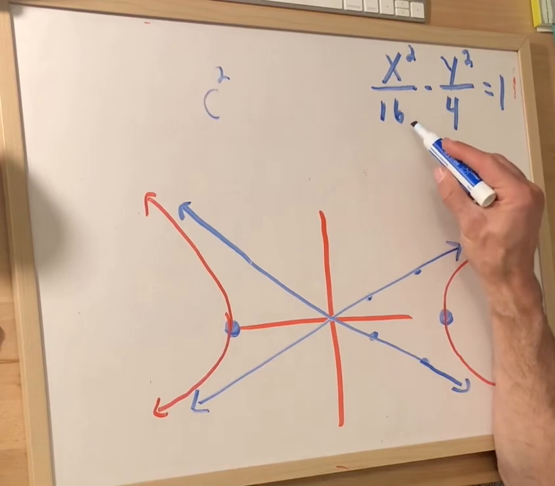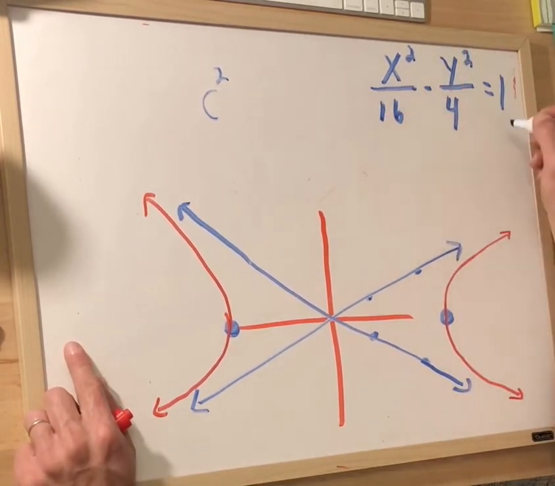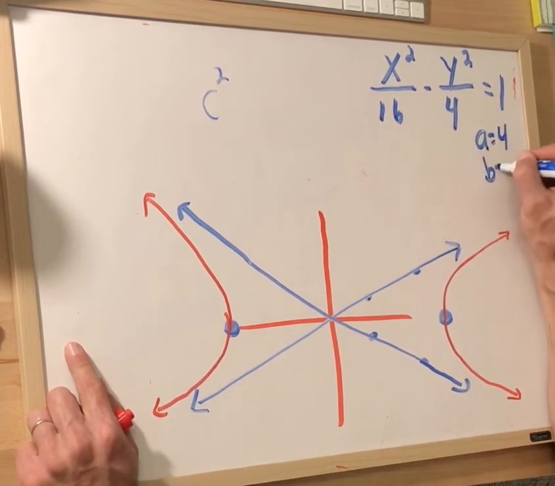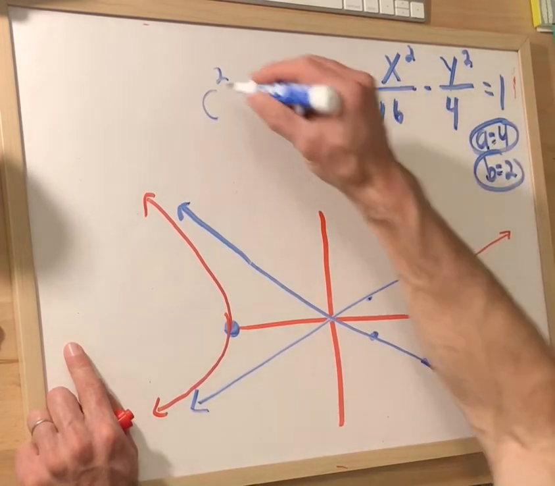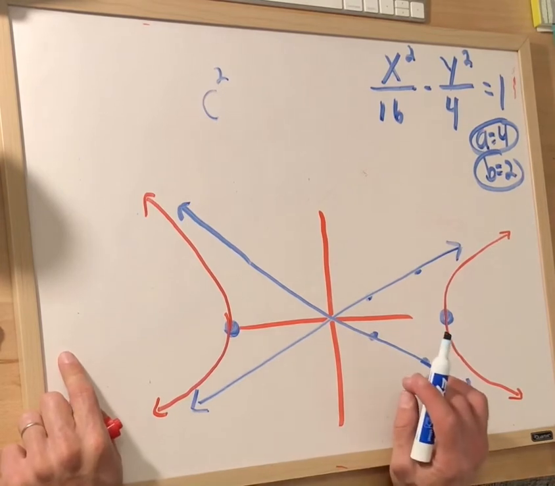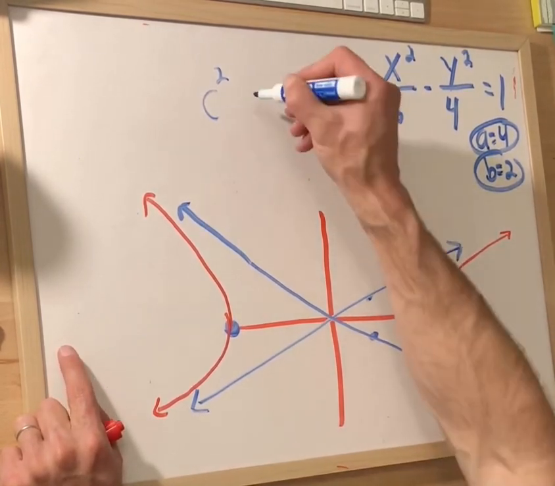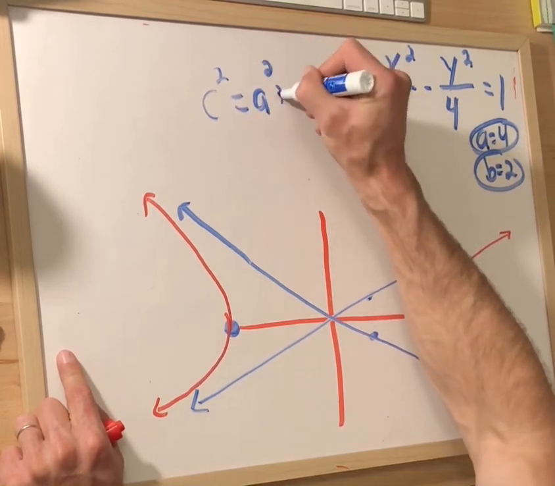I don't remember what I just had. I don't know. Yeah, I believe this is 16. All right, anyways, so your A was 4 and your B was 2. Yep, that's what it was. Okay. I'm just trying to remember what I had here when I was erasing. Okay, so first off, look at foci. It equals 2c, where c squared equals a squared plus b squared.